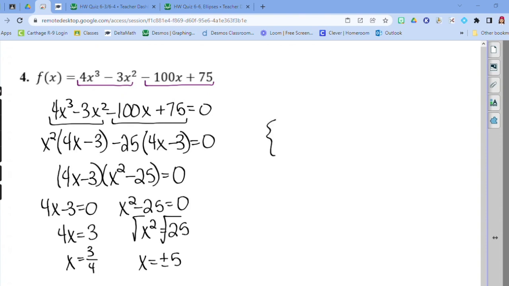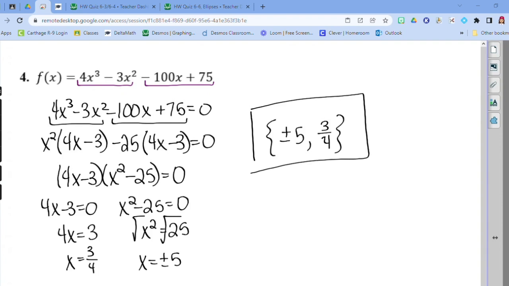I have positive and negative 5, and I have 3/4. So you don't necessarily always have to use P over Q. All the other factoring options are still available if you recognize the pattern.